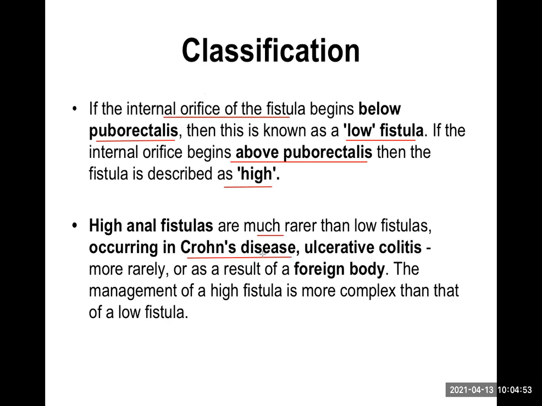In Crohn's disease, the incidence of fistula in the GI tract is very common because of transmural inflammation of the wall, much more common than in ulcerative colitis. It may also result from a foreign body in the GI tract. The management of a high fistula is more complex than that of a low fistula. We'll talk about that during the management part.